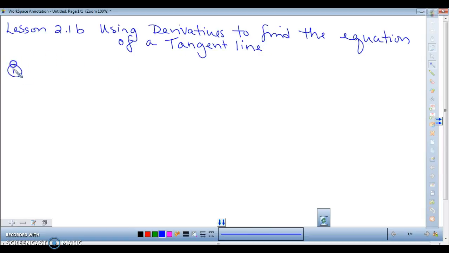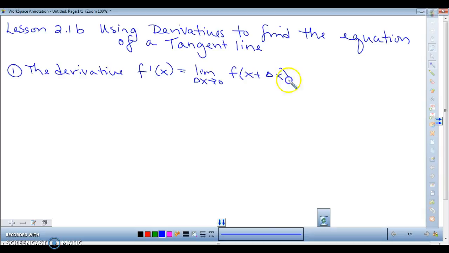Okay, so a few things that we already know is that the derivative is what we refer to as f prime of x, and that is equal to the limit as delta x approaches 0 of f of x plus delta x minus f of x all over delta x, if the limit exists.